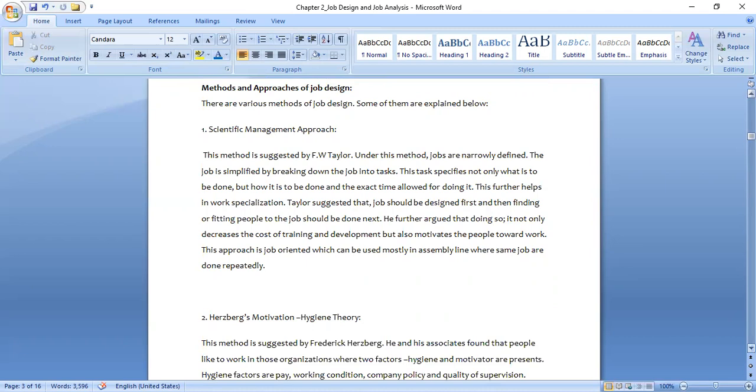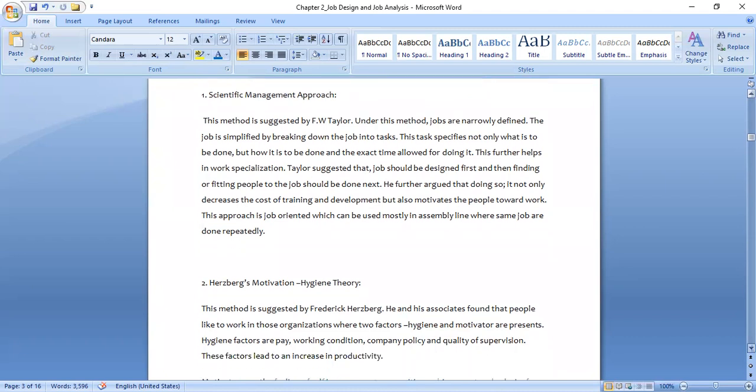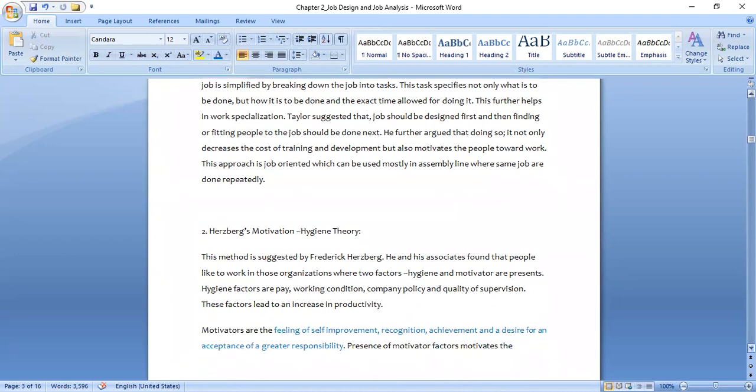These tasks should be explained, how they are going to be carried out, and then timetabled, or scheduled on when they are supposed to be done. And this basically will help in bringing about work specialization. So that was about the scientific management approach of job design.